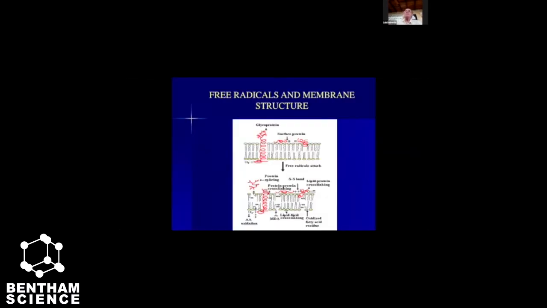When a plasma membrane is attacked by free radicals, it is possible that several things could occur in this plasma membrane, such as protein splicing, protein-protein cross-linking, disulfide bonds, lipid-protein cross-linking, lipid-lipid cross-linking, oxidative fatty acid residues, the release of malondialdehyde, and amino acid oxidation.